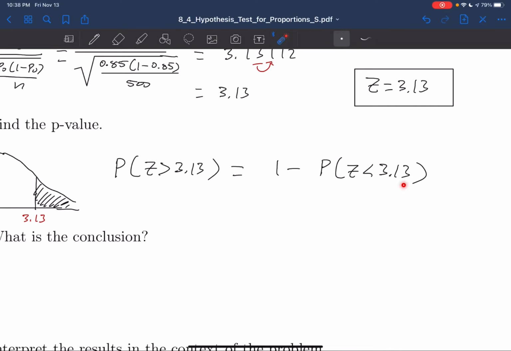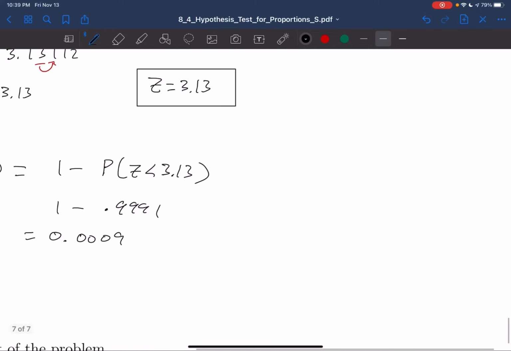And we already know how to compute this. We know how to find area under the curve using the table. And again, if you still have trouble with this, you can email me or come by my office hours because this is pretty important. So this is going to be 1 minus 0.9991. And I got this value from the table. And this would be equal to 0.0009. So our p-value is going to be equal to 0.0009.